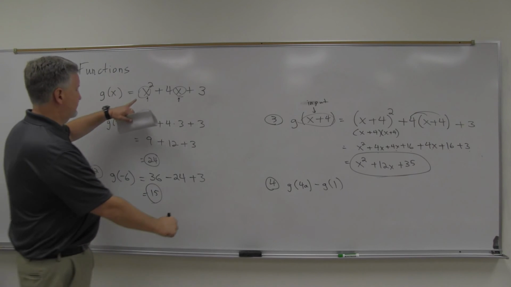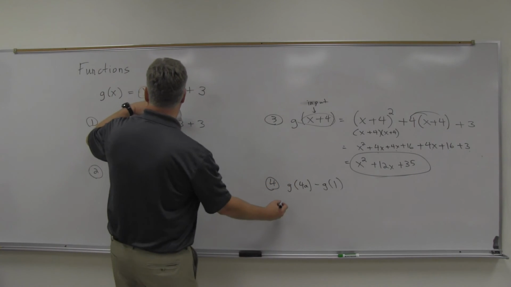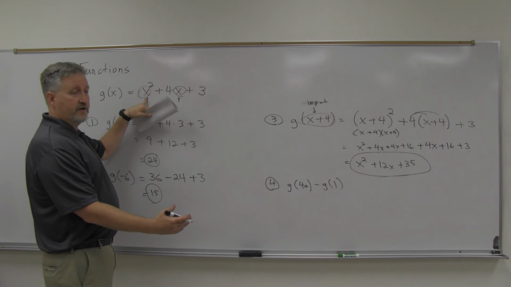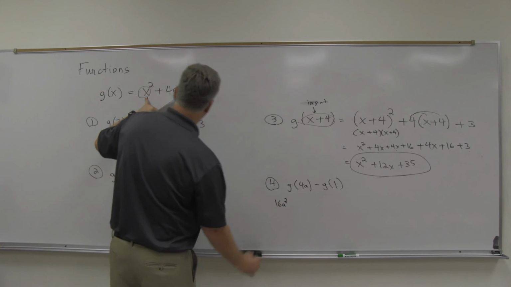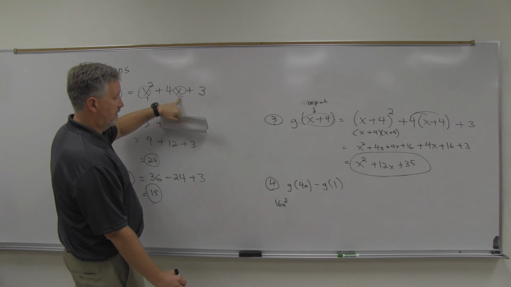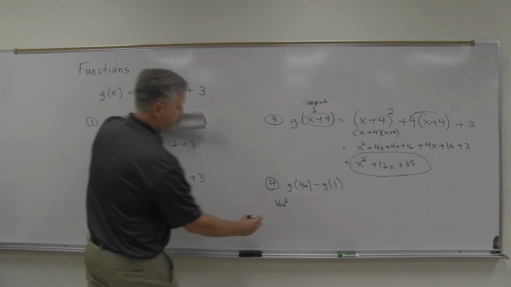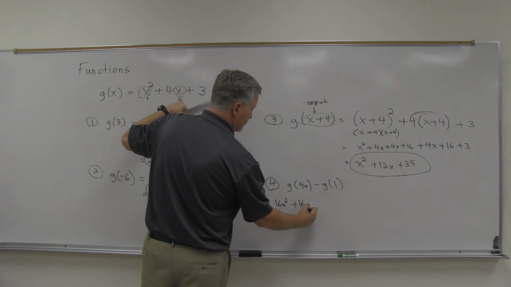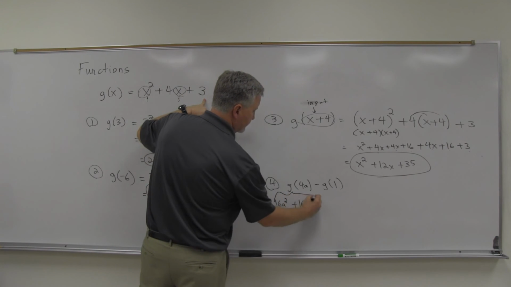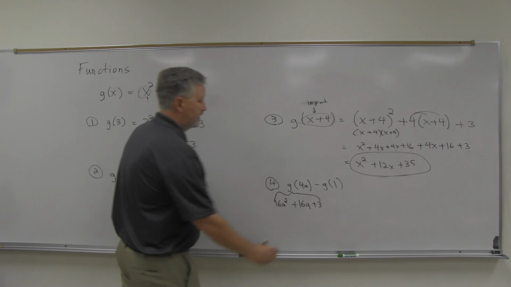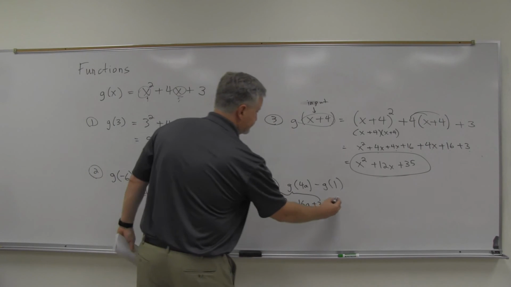So what have we got here? Well, 4a, so we'd have 4a squared, 16a squared. And then 4a, you can write it out if you want to, that would be plus 16a and then plus 3. So all of that is my g of 4a. And then minus g of 1.